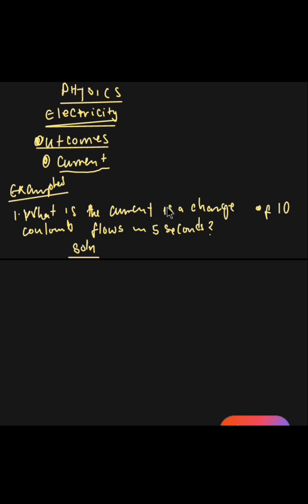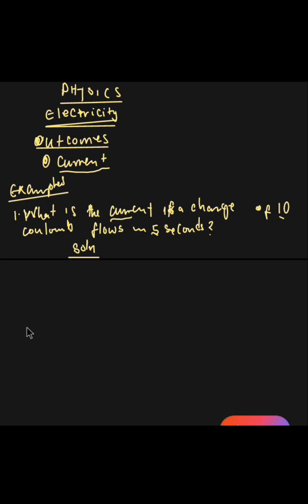if a charge of 10 coulomb flows in 5 seconds? So we are required to calculate for current if we have a charge of 10 coulombs in 5 seconds.